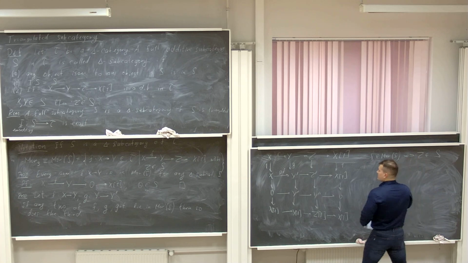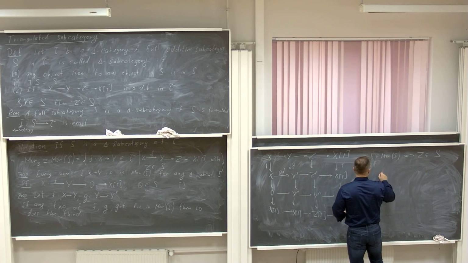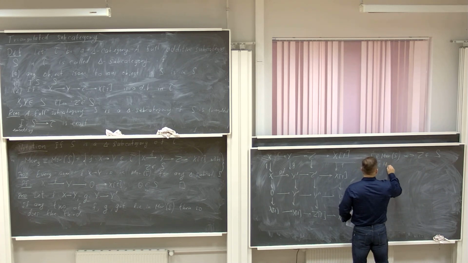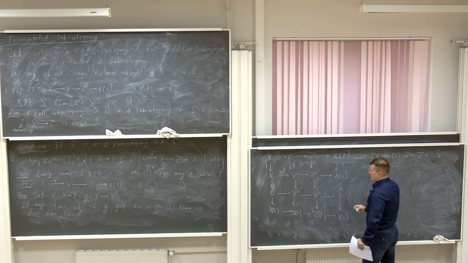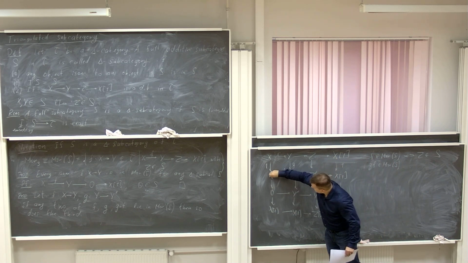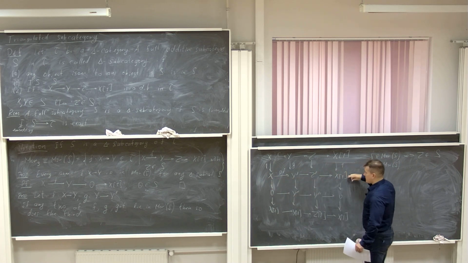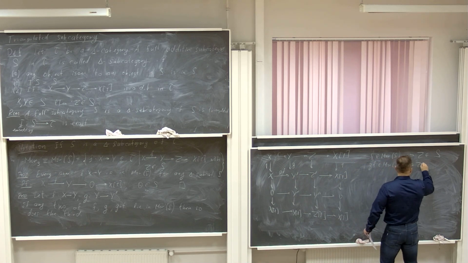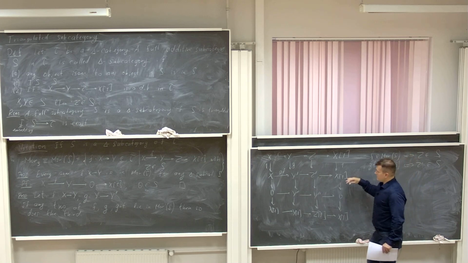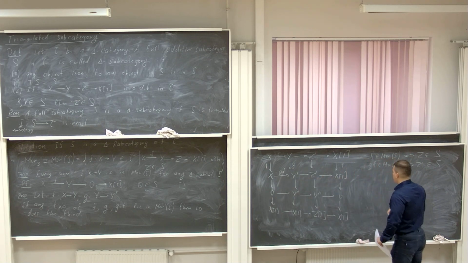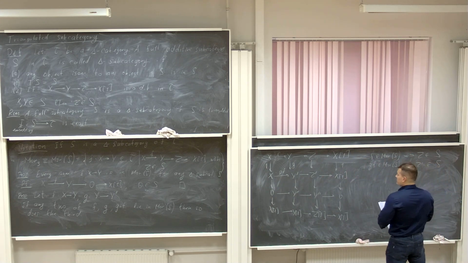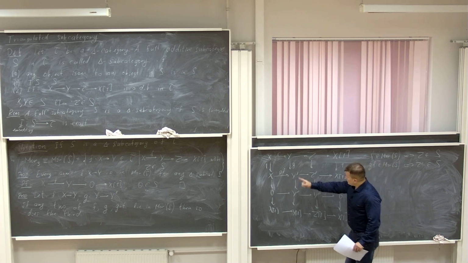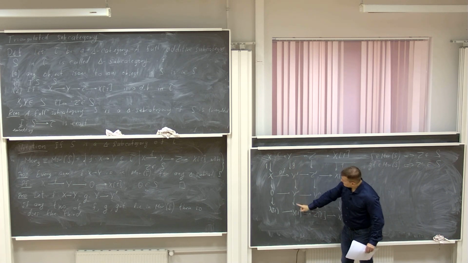Now, what about the composition g composed with f? When is this a morphism in S? Look at the second distinguished triangle, the second row. This happens if and only if Z prime is in S, as follows from the second row. And finally, we need g, and for g we're going to use the second column.